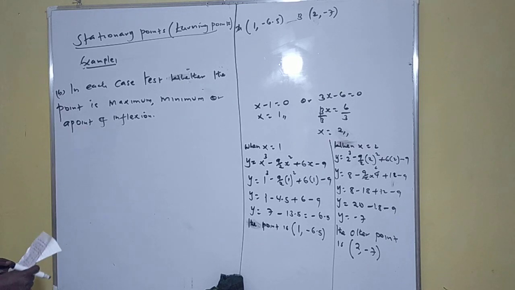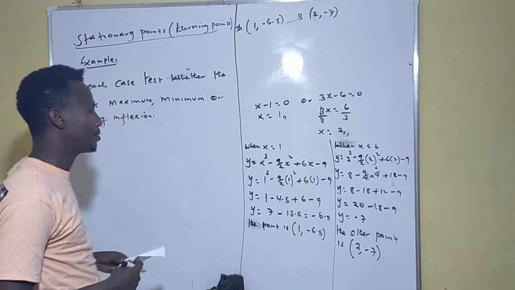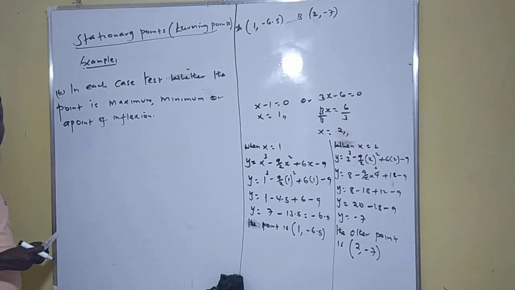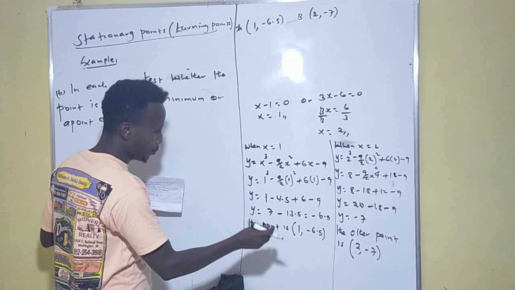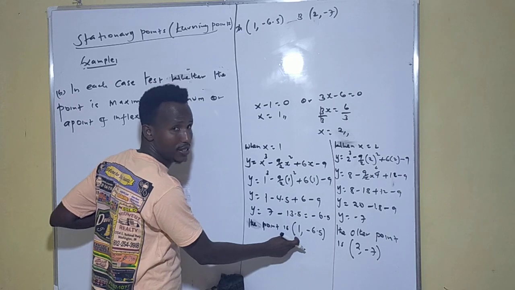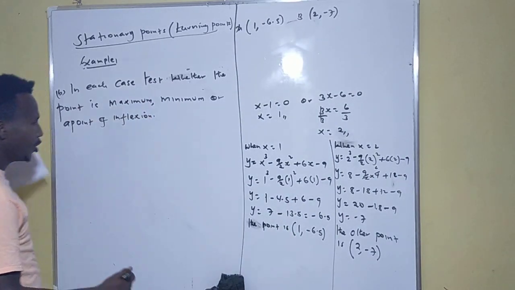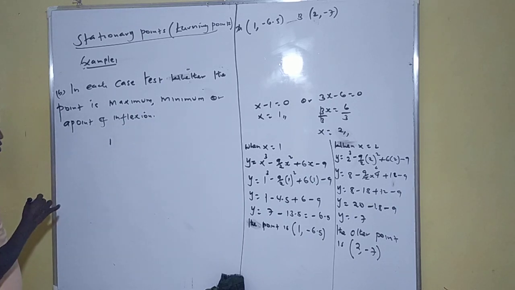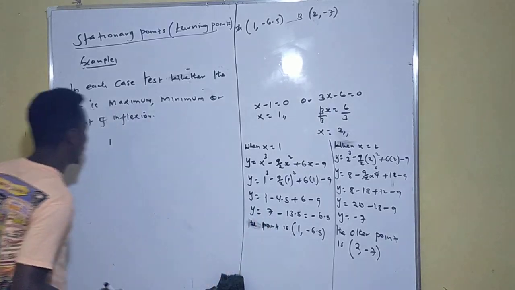There are 3 ways of testing whether a point is maximum, minimum, or a point of inflection. For me, I will take the simplest way. I want to test whether this point, where the x value is 1, is maximum, minimum, or point of inflection.